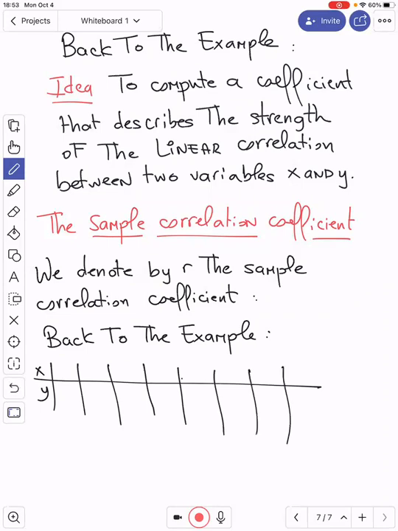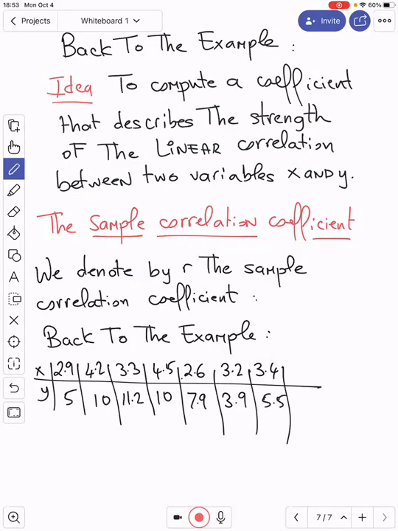For x: 2.9, 4.2, 3.3, 4.5, 2.6, 3.2, 3.4. For y: 5, 10, 11.2, 10, 7.9, 3.9 and 5.5, right?